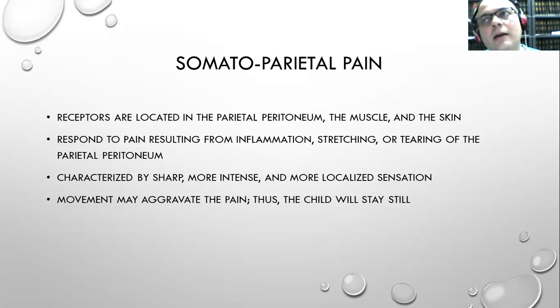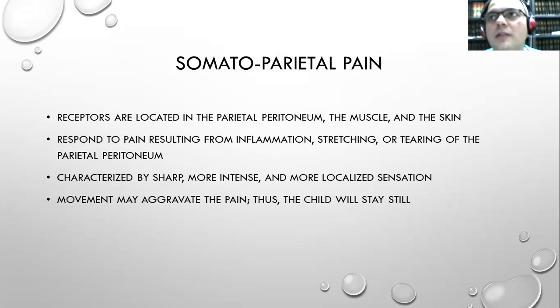The mucosa were present on the viscera of the organ, the visceral peritoneum, and the serosa, muscularis mucosa, whereas in somatoparietal we have the pain receptors present on the parietal peritoneum, the muscle and the skin. They respond to pain resulting from inflammation, stretching or tearing of the parietal peritoneum.